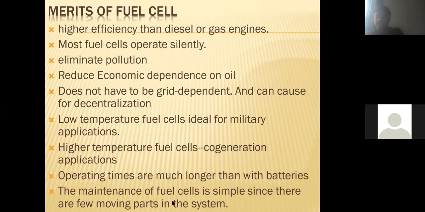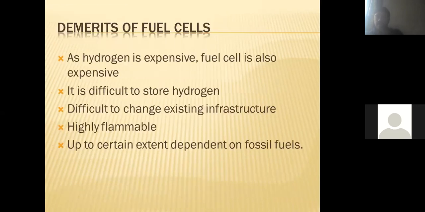Now, what disadvantages do we have here? Let me see these disadvantages. One important thing in the last session when we were discussing the production and storage of hydrogen: hydrogen storage is going to be difficult, right?